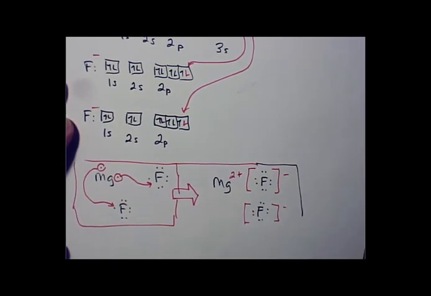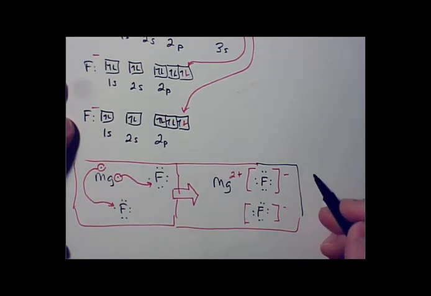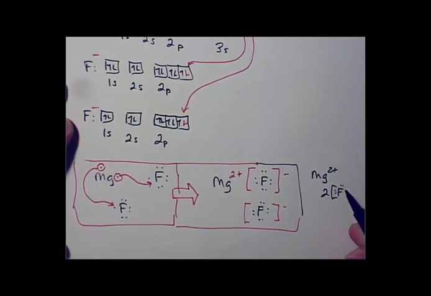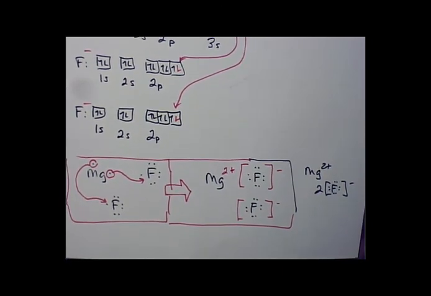That's perfectly okay to do it that way, okay. But it's also okay when you get good at this, to write it like this. All right. If you're sure enough of yourself to do that, you can do that. Okay? Huh? No, we're just saying there are 2 fluorines.